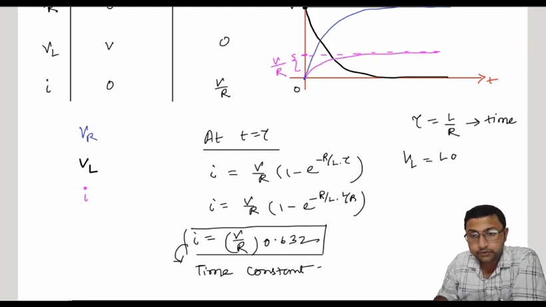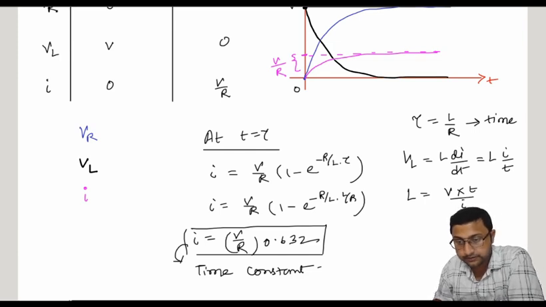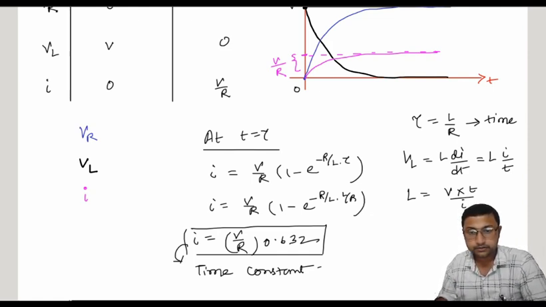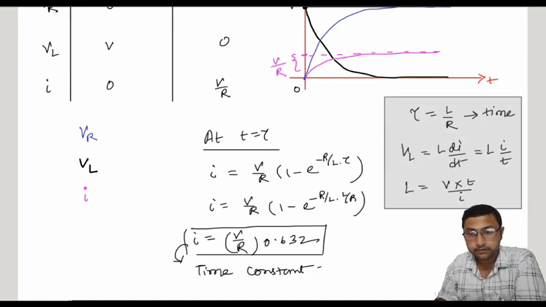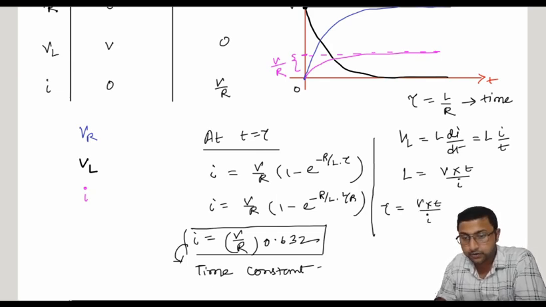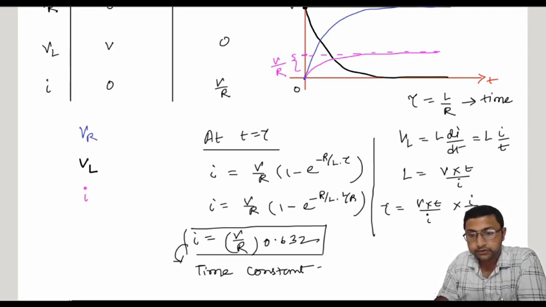That means we can write L into I by T. So L equals V into T by I. Now if we put the value tau equal to L by R, that means V into T by I, divided by R. R equals V by I, so 1 by R equals I by V. So here I and V cancel out and only T remains.